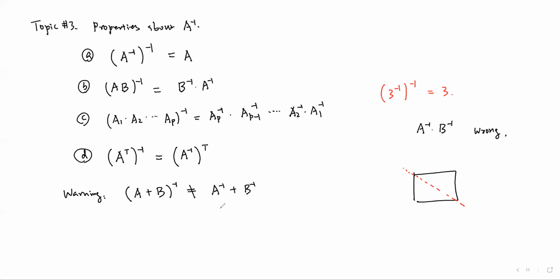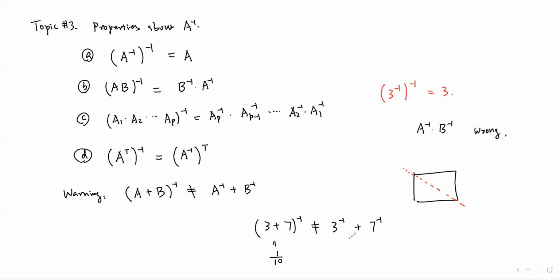Say, for example, a number, 3 plus 7. You can view a number as a 1 by 1 matrix. Its inverse doesn't equal 3 inverse plus 7 inverse. The left side is 3 plus 7, which is 10, and taking the inverse gives 1/10.